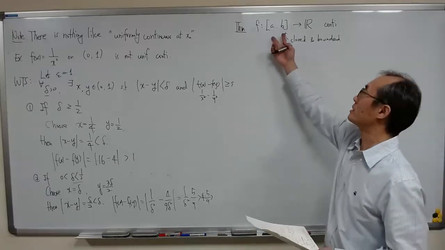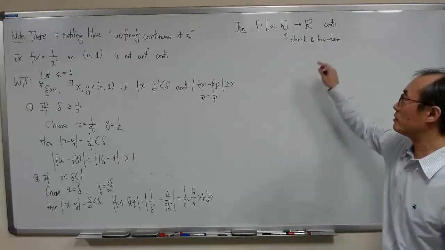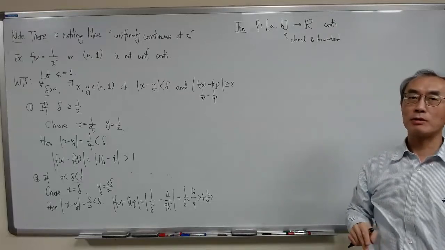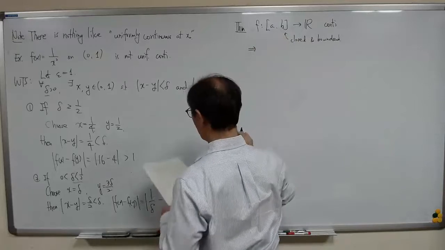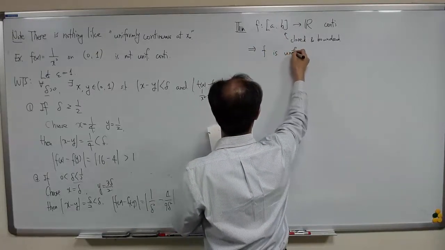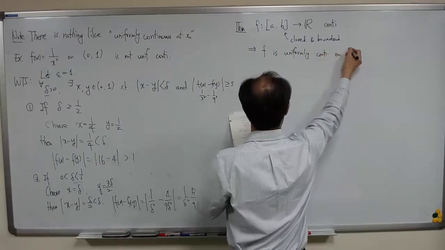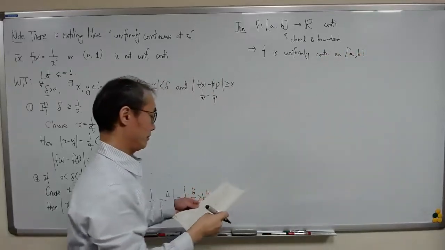If the domain is compact, or closed and bounded, the continuous function turns out to be uniformly continuous automatically. So a continuous function on a compact set is uniformly continuous on the entire domain of definition.